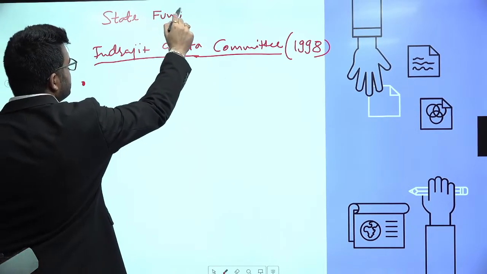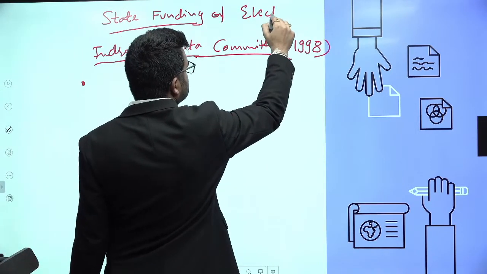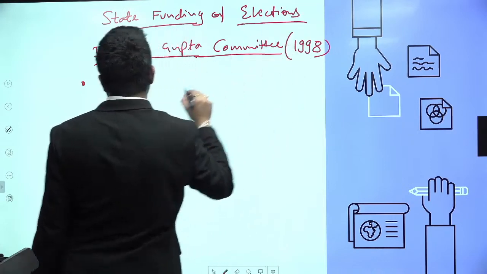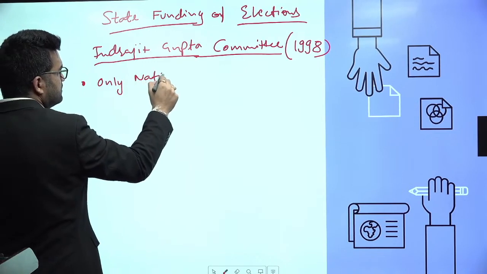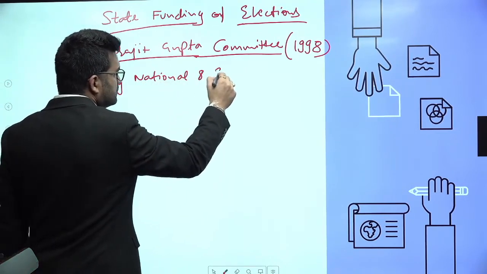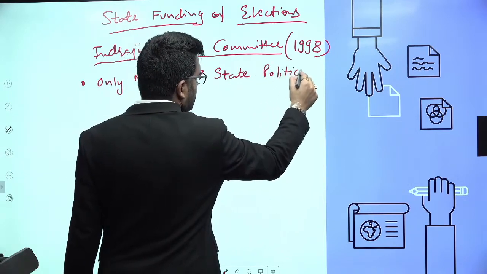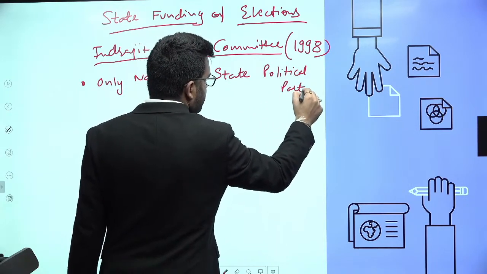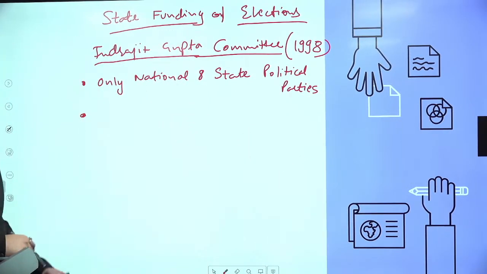State funding of elections is the topic. Only national and state political parties should receive the funding. Independent candidates should not be given funding.